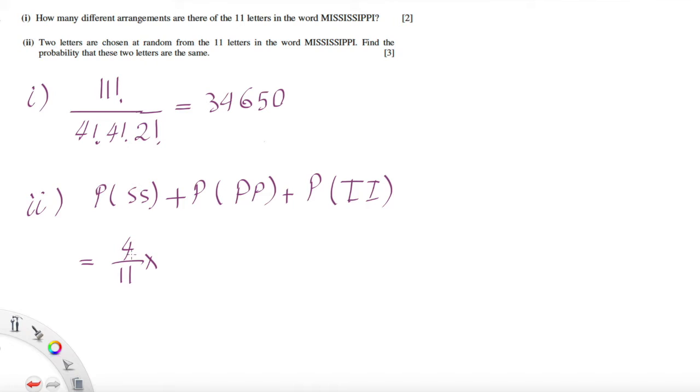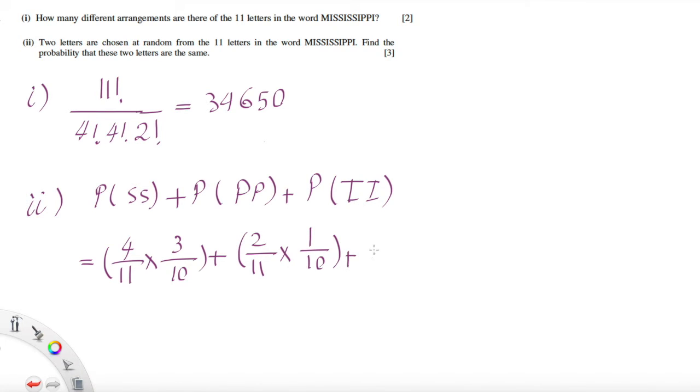If the first one is S, you will have 1 less S, so it will be 3 out of 10 because you have 10 letters to choose from. Now for P, if the first one is P, you have 2 P's, so 2 out of 11. If the first one is P, the second one will have the probability of 1 out of 10.